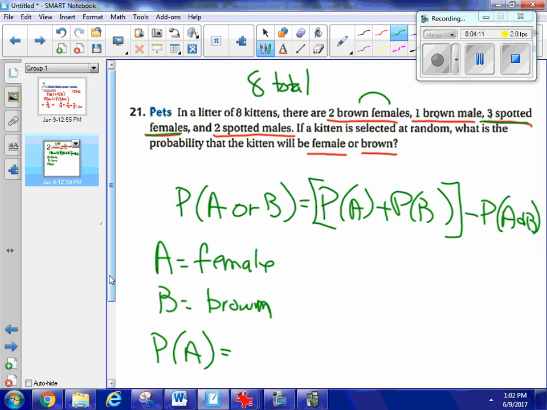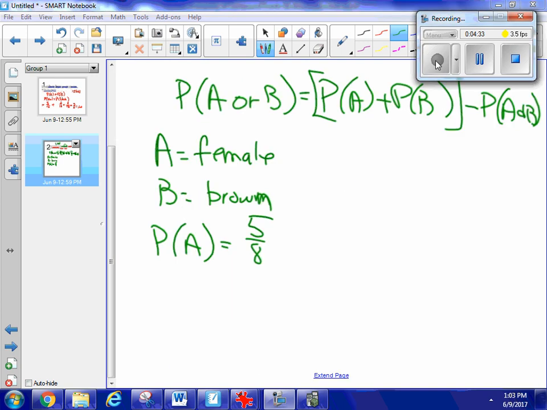So my probability, I want to do female first. Females, I got 2 females that are brown and 3 females that are spotted. So I have 5 females. So the probability of event A that they're female will be 5 out of 8. So let's write that nicer. Instead of probability of A, let's call that probability female.